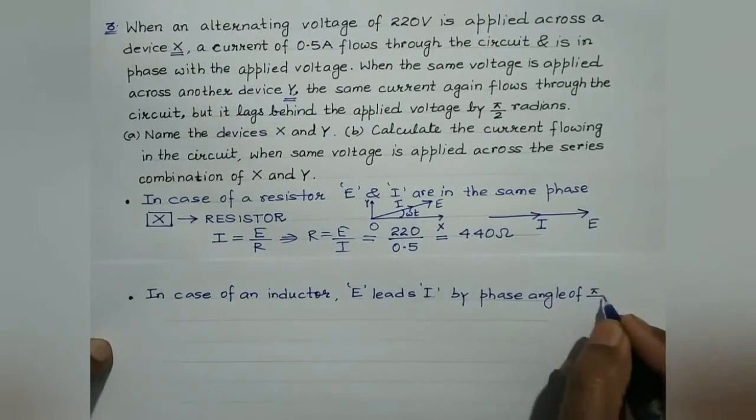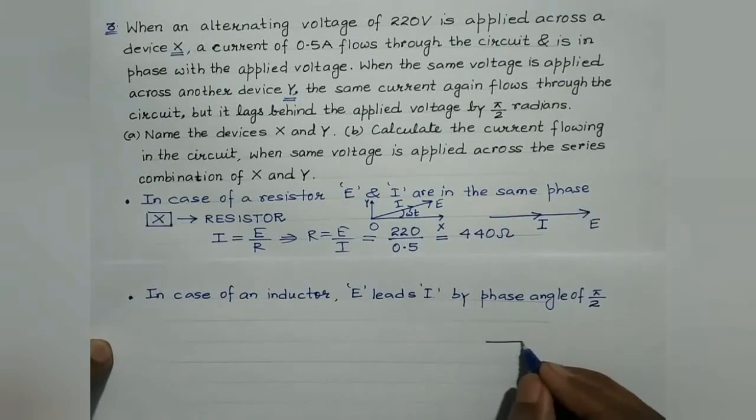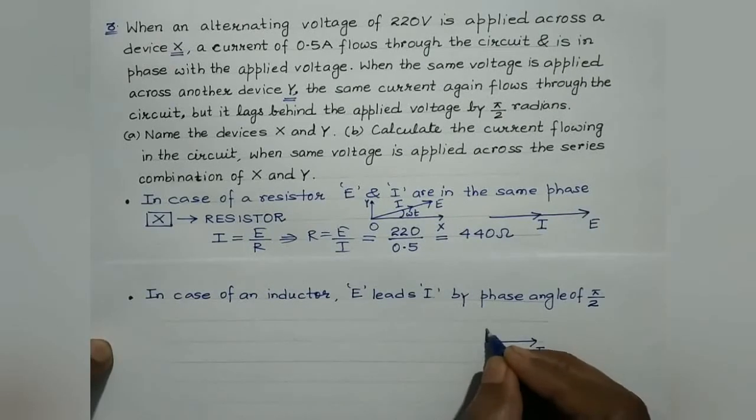This we are very much aware of, right? If you want to draw the phasor diagram, then it would be like this. This is current, and in the case of an AC circuit comprising of an inductor, the EMF leads the current by phase angle of pi by 2.